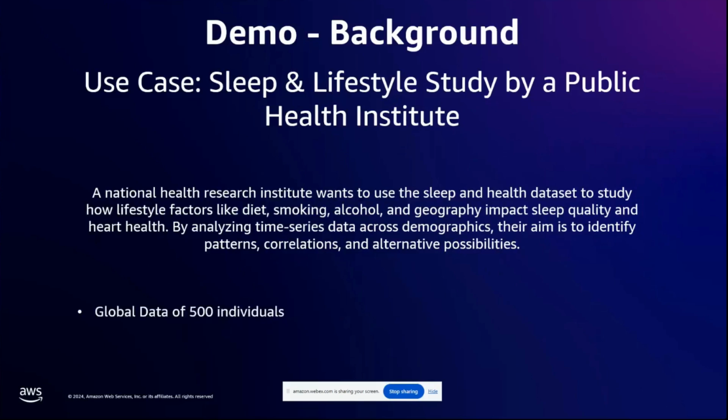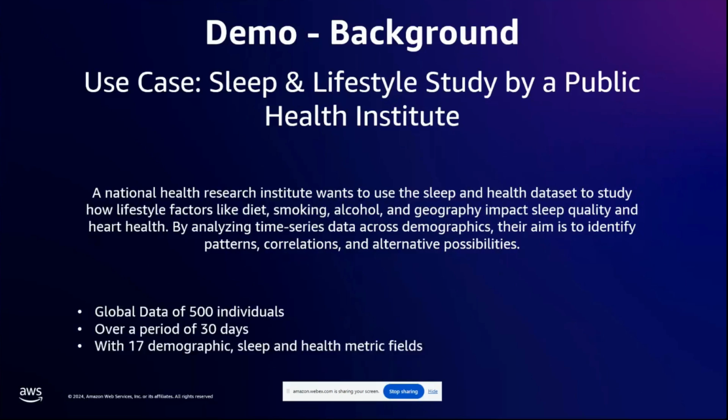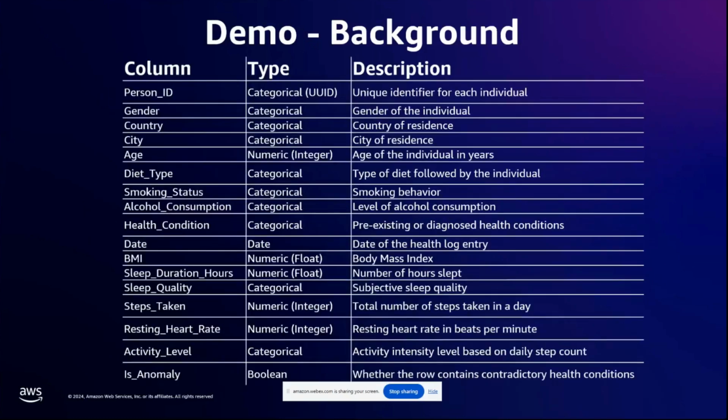What we have here is global data of 500 individuals over a period of 30 days with 17 demographic and sleep and health related metric fields. The fields consist of categorical, numeric, Boolean, and date data types, and they range from gender, country, sleep duration, quality, date, BMI, etc.